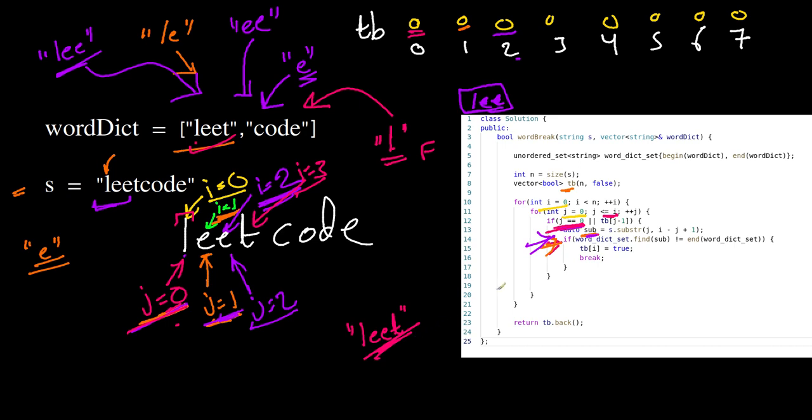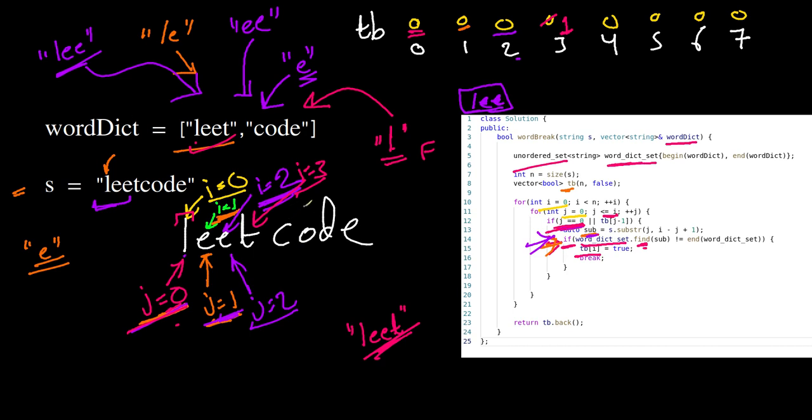Yes. So the two conditions apply. Notice here we have this set. It's just reformatting this vector into an unordered set in order to find if the string exists in big O of 1 operation. And so the two conditions apply. In this case, we set tb of i to true. So tb of 3 equals true.